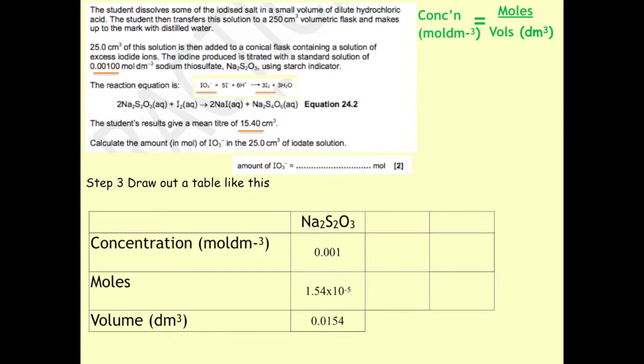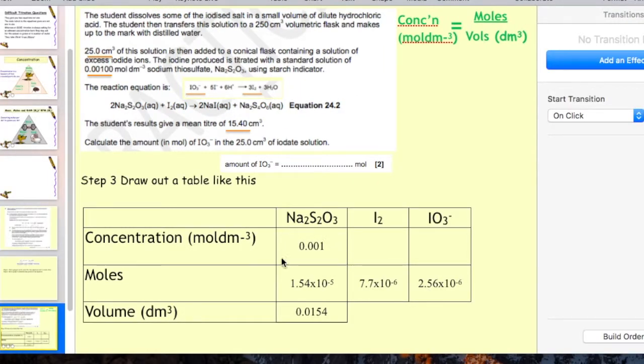Now, when I put it in the table, I'm going to divide it by 1,000 to give the volume in dm cubed, and you must do that. I'm going to times 0.001 by 0.0154, according to the equation you see at the top there. That will tell me the number of moles of sodium thiosulfate is going to be 1.54 times 10 to the minus 5.